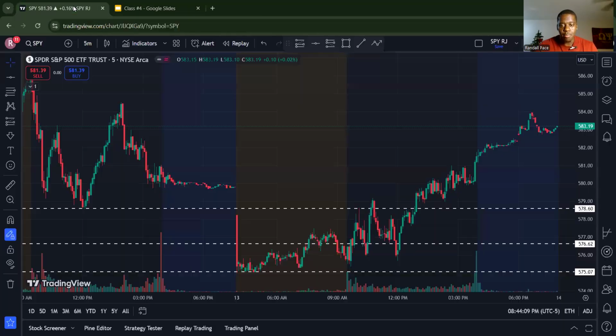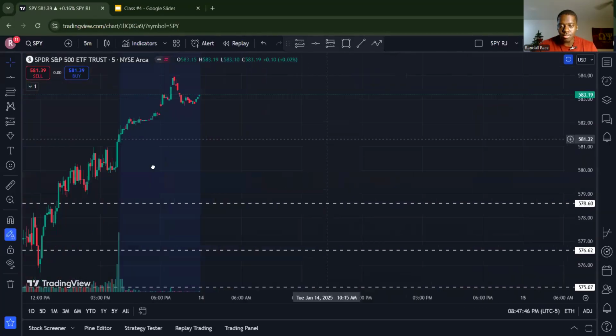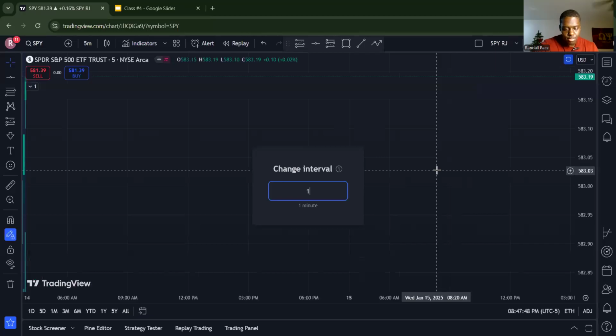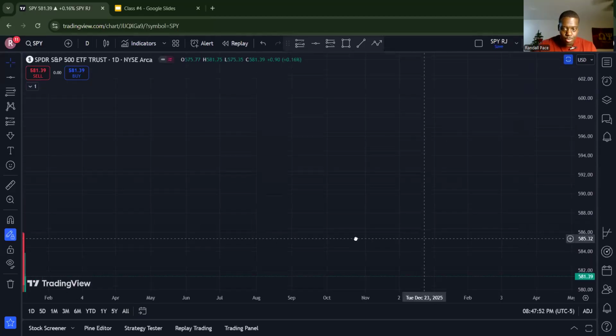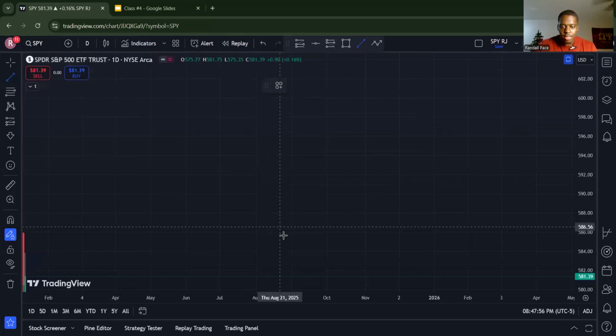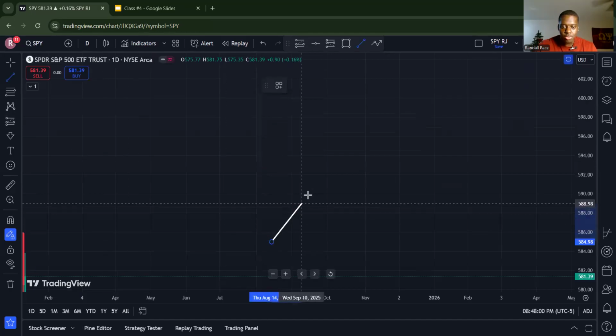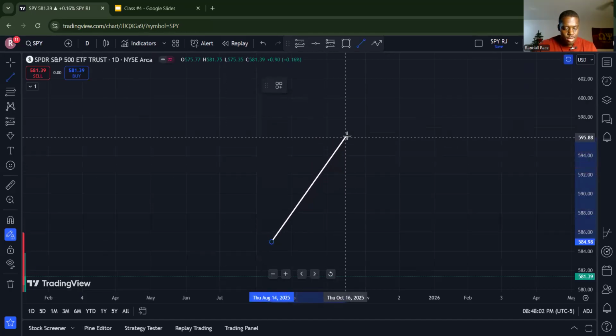All right, a bull flag, and I'm gonna draw this out for you. We're gonna draw it out. I'm a very visual person. A bull flag is shown when you have an uptrend, right?